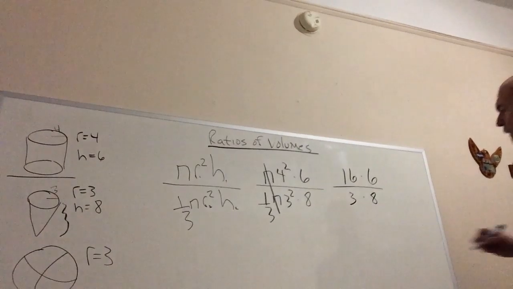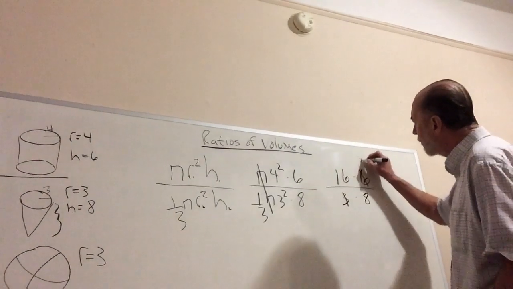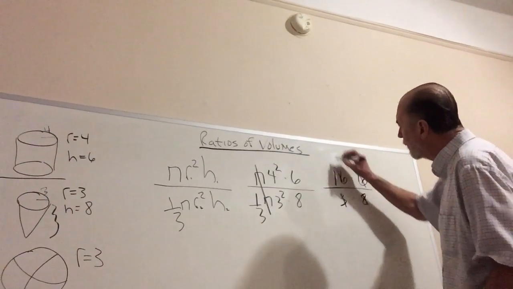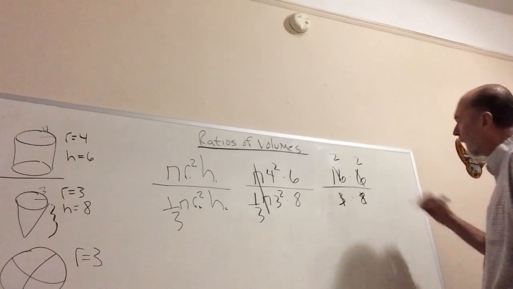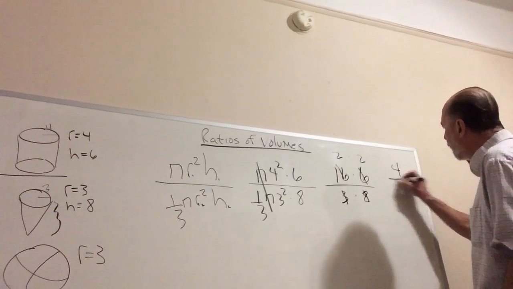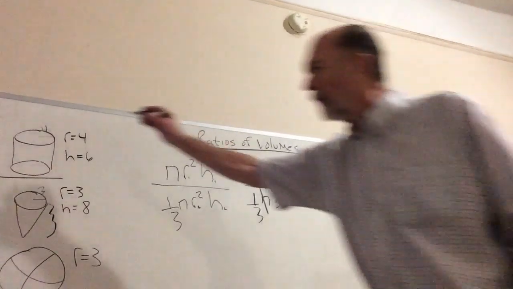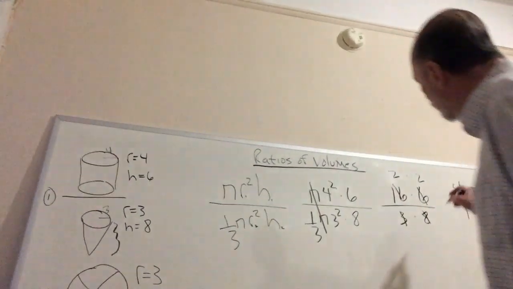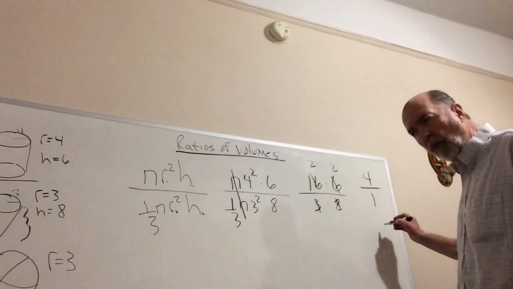Oh, that's really nice. 3 goes into 6 2 times, 8 goes into 16 2 times, 2 times 2 is 4, and the ratio of the cylinder to the cone is a ratio of 4 to 1.